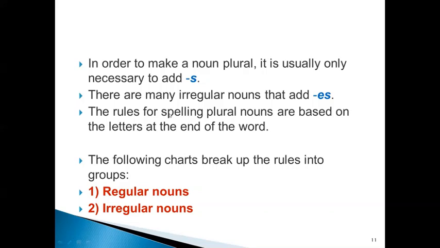And the rules for spelling plural nouns are based on the letters at the end of the word. So here, the usage of es or s is connected with what?